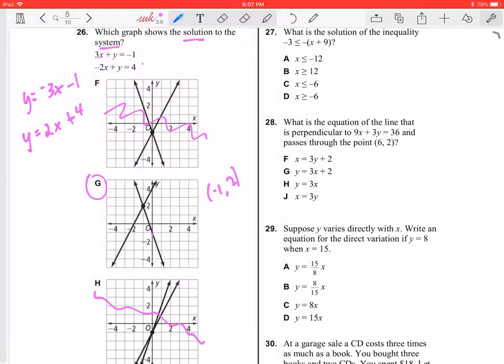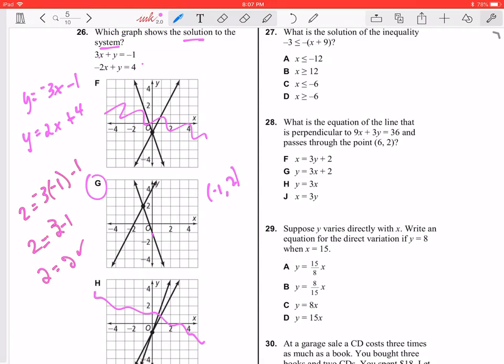So in order for me to see if it's true for both equations, I'm going to plug that point in. So that's going to be 2 is equal to negative 3 times negative 1 minus 1. So it's going to be 2 is equal to positive 3, because a negative times a negative is a positive, positive 3 times minus 1, which will give me 2 is equal to 2.